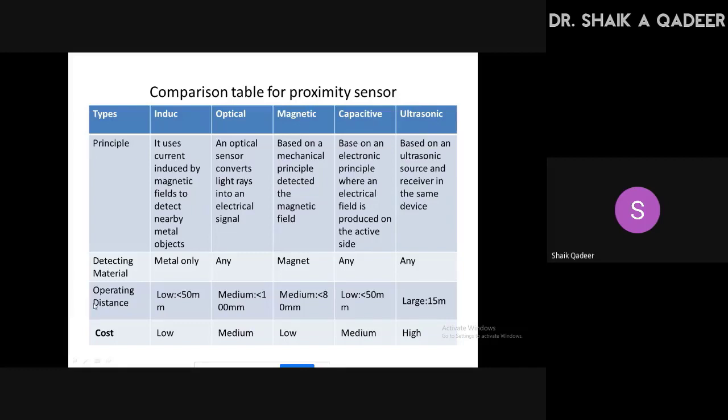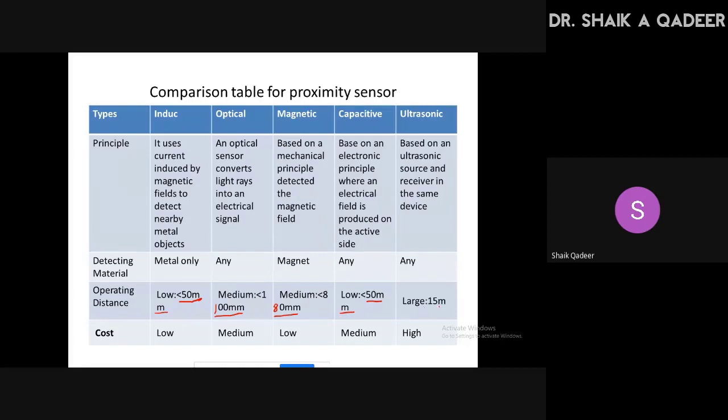Now, when we come to the coverage of distance, you see, the inductive transducer is covering 50 millimeter distance. The optical is covering 100 millimeter distance, and the magnetic sensor is covering 80 millimeter distance, whereas capacitance is covering 50 millimeter distance.